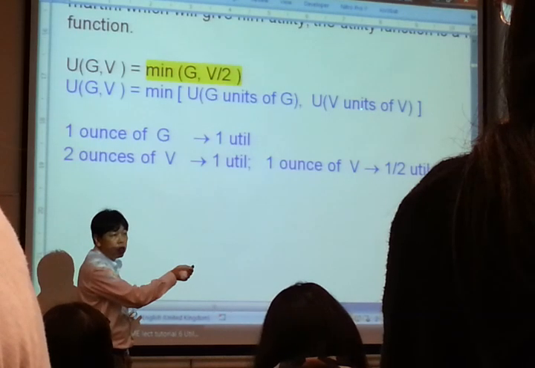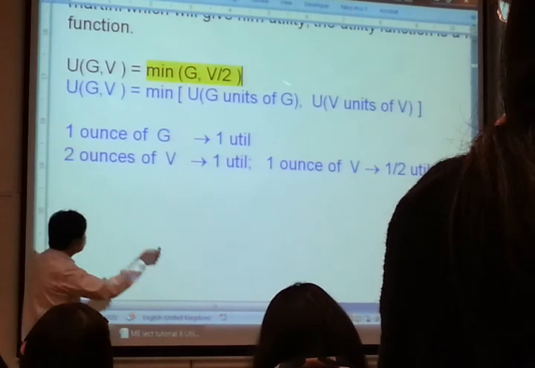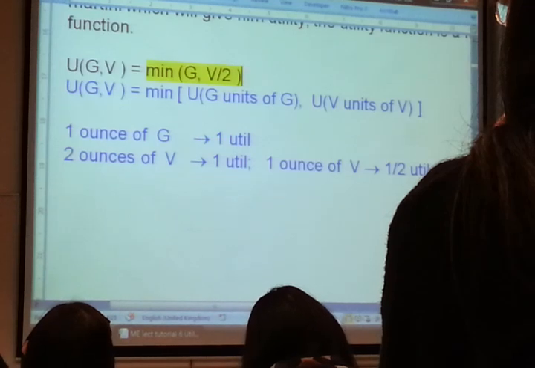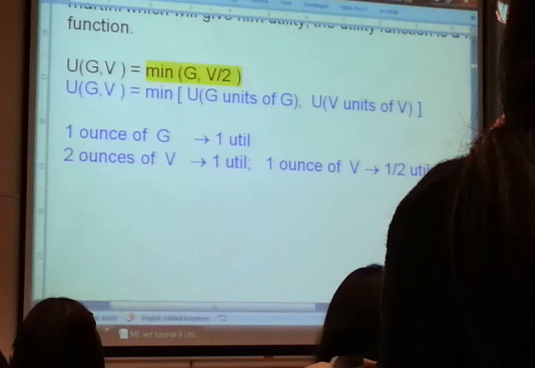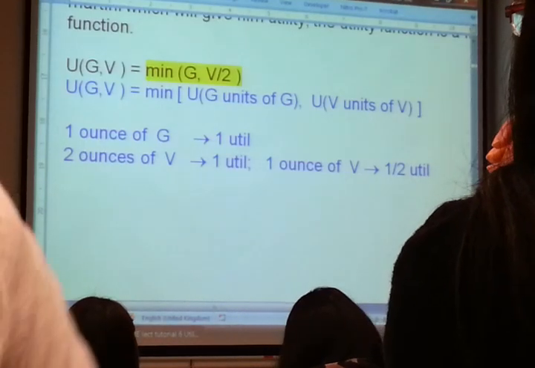V units of V give V times half, which is V over 2. That's all. So therefore the utility is based on the lower of these two. Simple? So therefore, perfect complement.